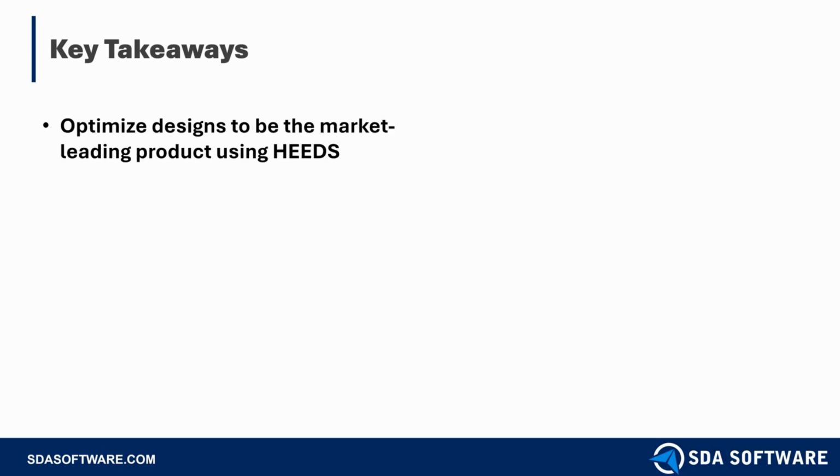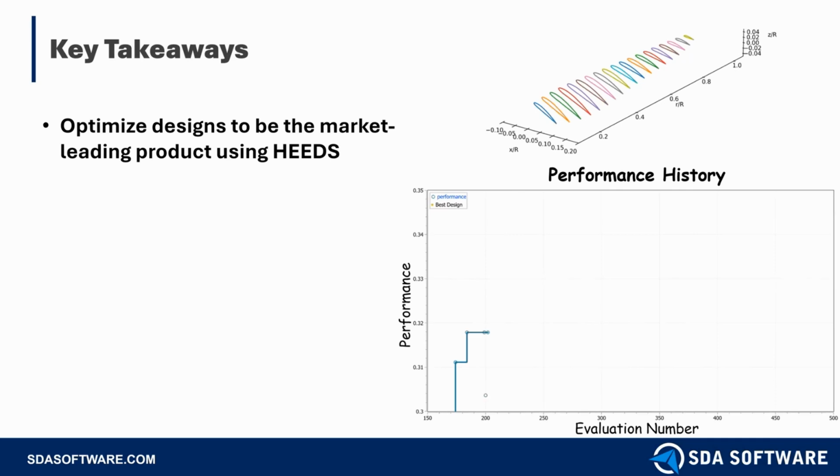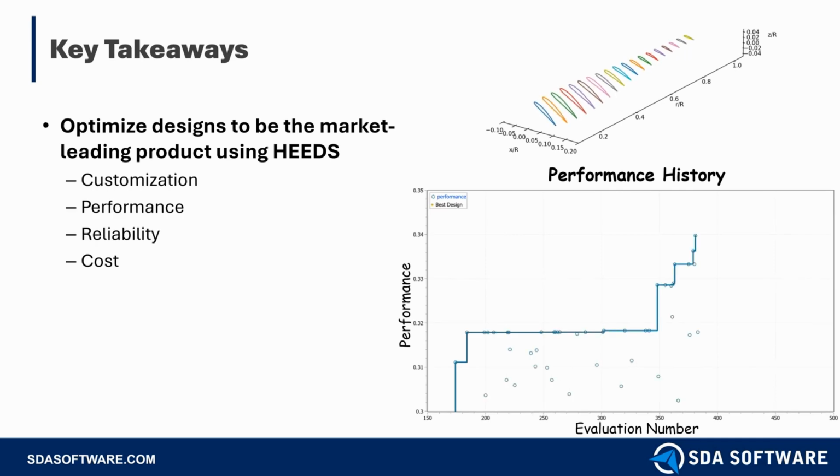So right now we're getting close to the end of the presentation. I just want to summarize a couple of key takeaways. The first thing, maybe I sound like a broken record, but optimize your design to be the leading product and use HEEDS, because a lot of times HEEDS offers you a lot of customization. I was able to just use my in-house code.